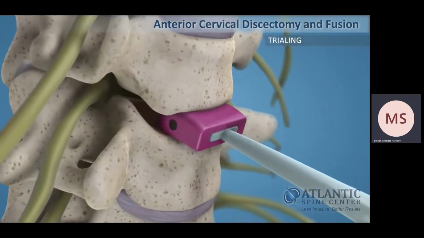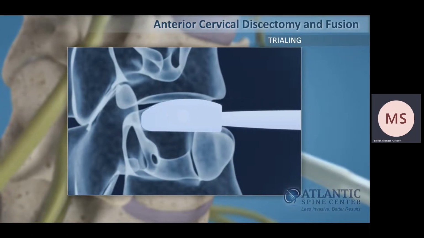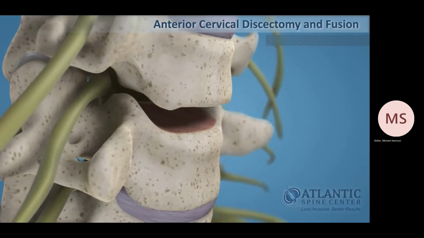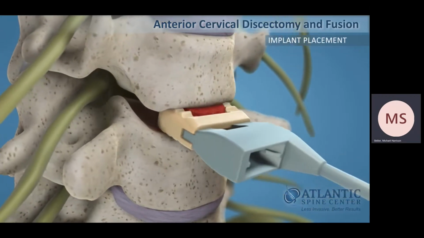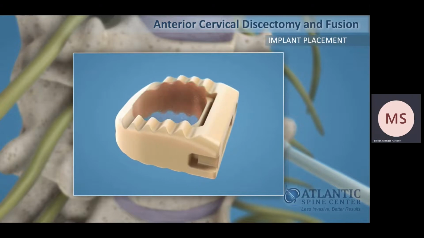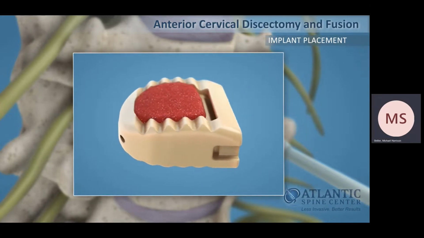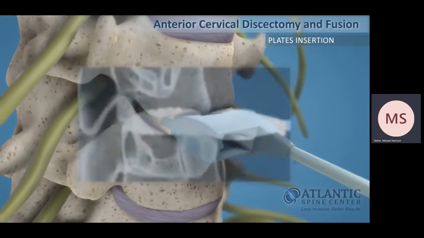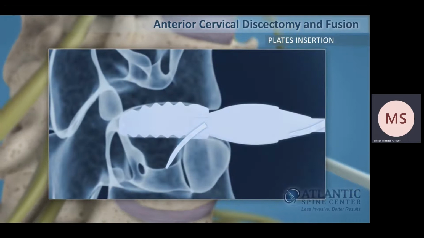Trials are placed in the cavity between the vertebrae to select the correct implant size. Then, a suitable size implant is inserted with the holder. The central space of the implant is preloaded with a graft. Two curved anchoring plates are inserted through the interior of the holder and implant.